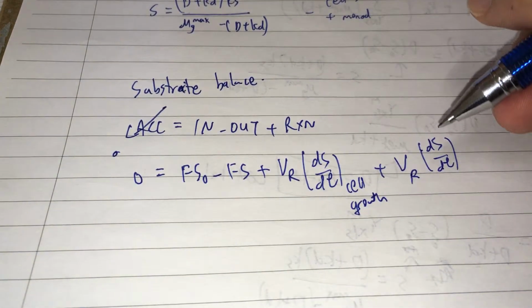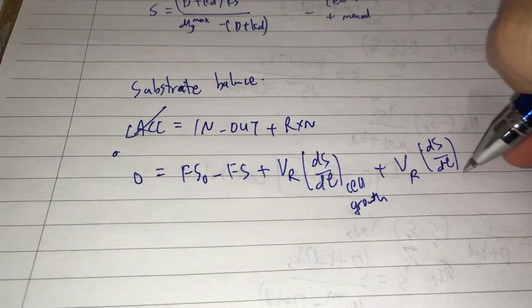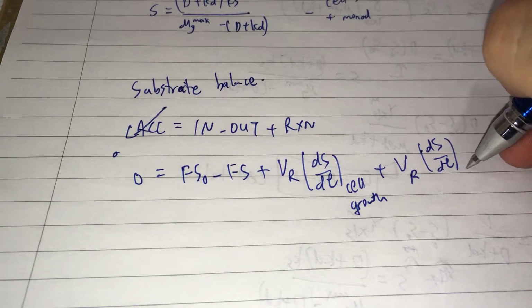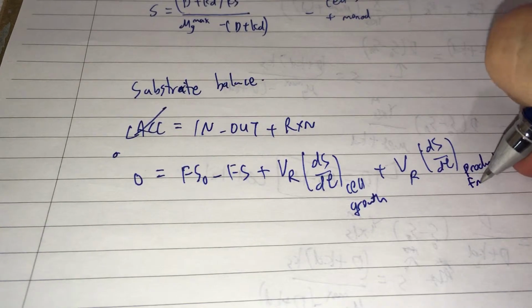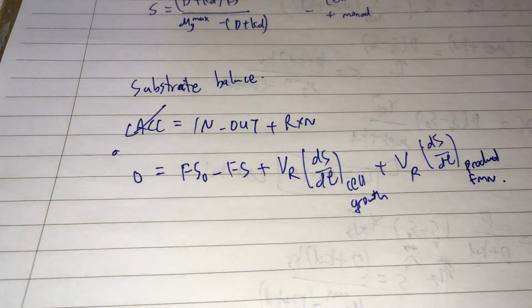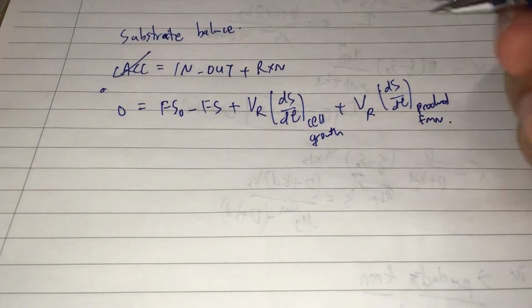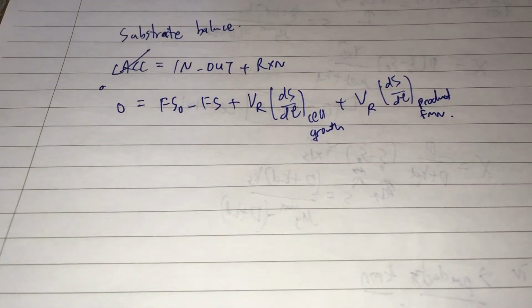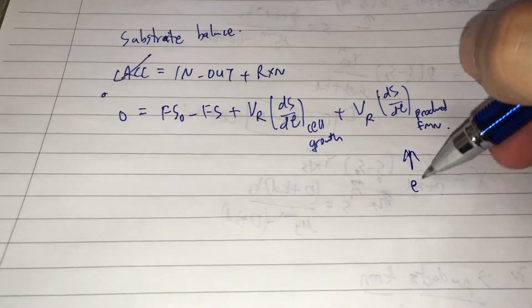I'm just using this notation to imply the rate. This is not accumulation, it's just my own notation. Now you see that the substrate concentration actually starts to change because of this extra term.